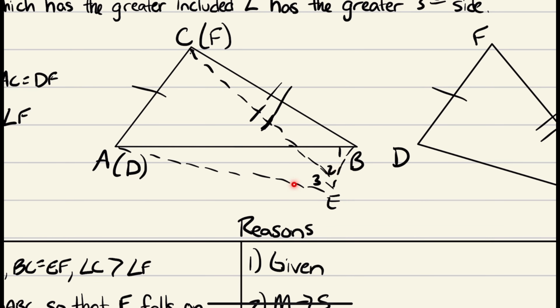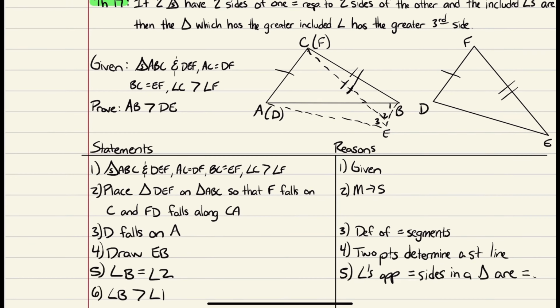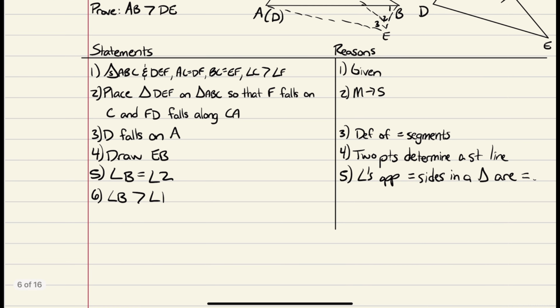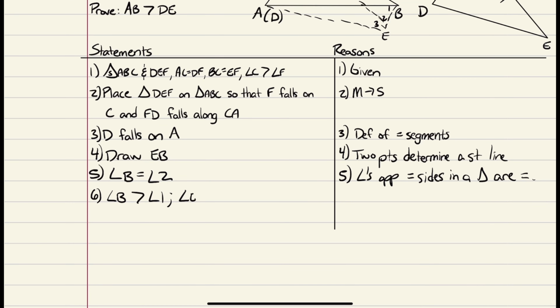Angle 2 is smaller than the big angle that it's a part of, so angle E is greater than angle 2. We can say that because we've learned that the whole is greater than any of its parts.